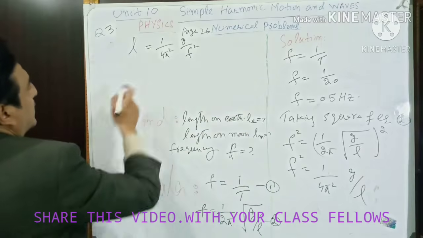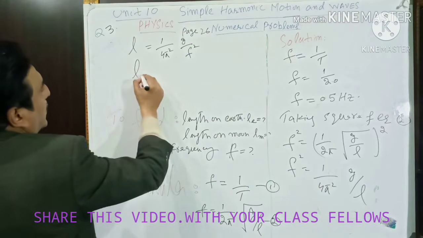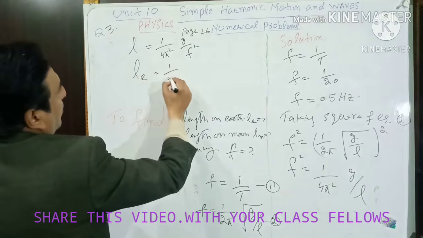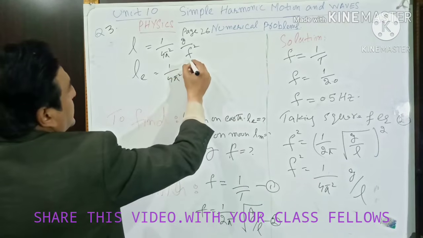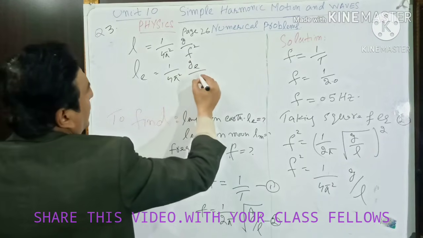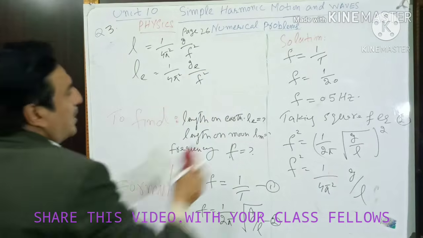Note, find the length of pendulum on earth. 1 by 4 pi square g on earth divided by frequency.